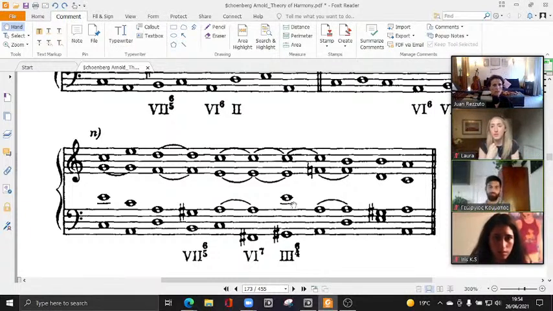And there's nothing actually very new, although this leap of a diminished fifth is allowed, because then it goes up.